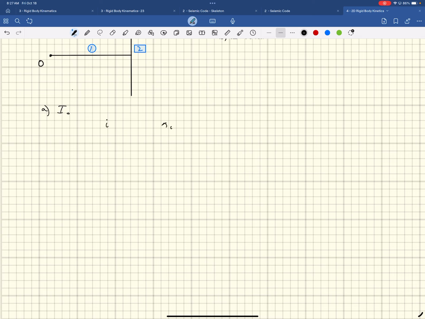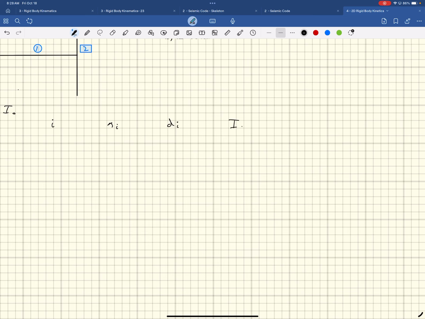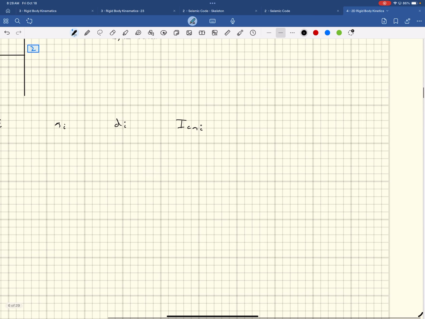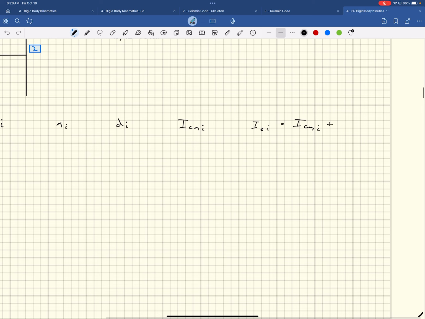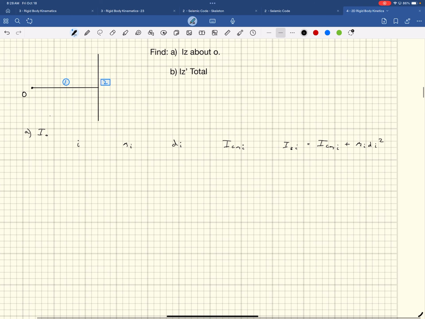We'll have M of I, and we'll have D of I, and then we'll have I center of mass of I, and then we'll have I Z of I, which is going to be equal to I center of mass of I plus M I times D I squared. You don't have to do this each time as you get better at it. Just when you first lay it out, sometimes it's nice to do this.